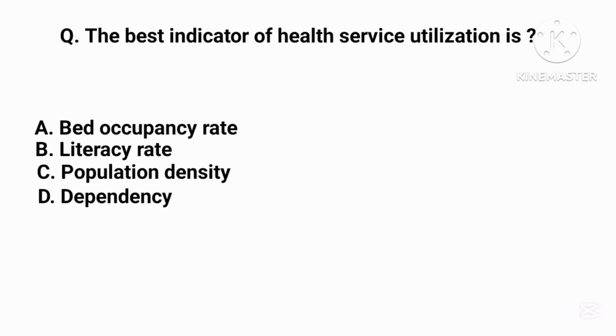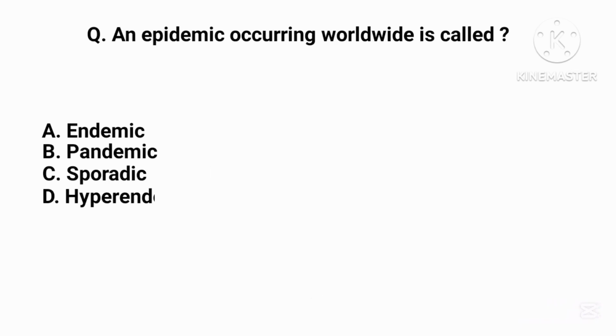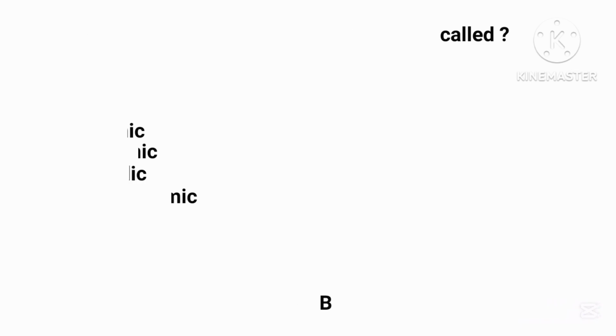The best indicator of health service utilization is. Correct answer is option A, bed occupancy rate. An epidemic occurring worldwide is called. Correct answer is option C, pandemic.